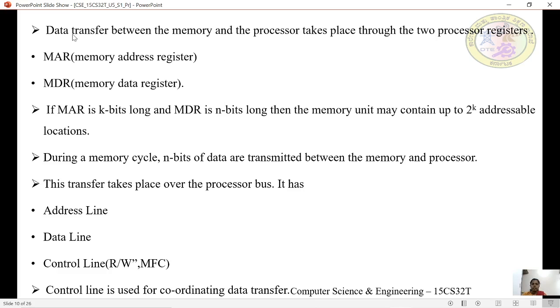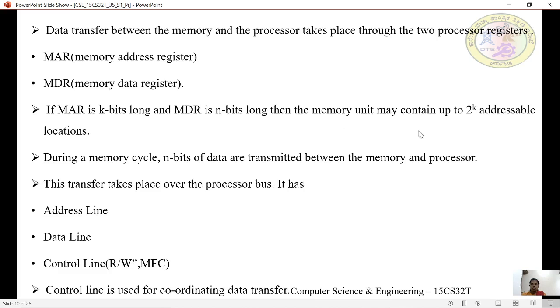So the data transfer between the memory and the processor takes place through two processor registers. One is the memory address register, that is MAR, and the other is the memory data register, that is MDR. If MAR is k bits long and MDR is n bits long, then the memory unit may contain up to 2 to the power k addressable locations.